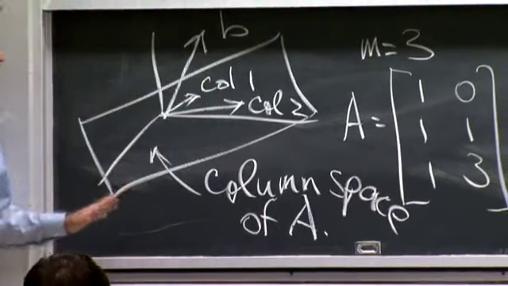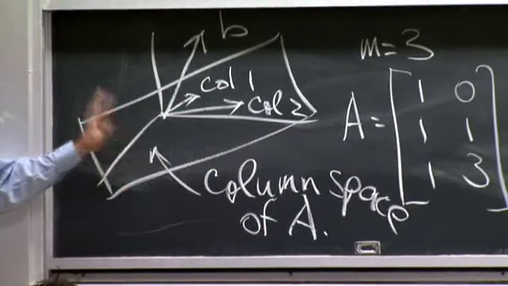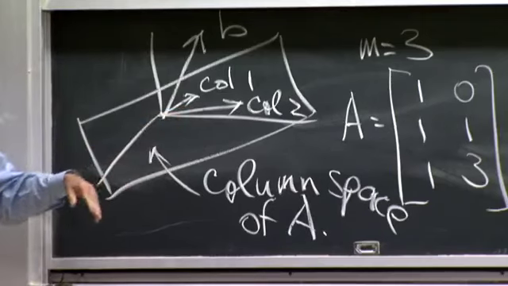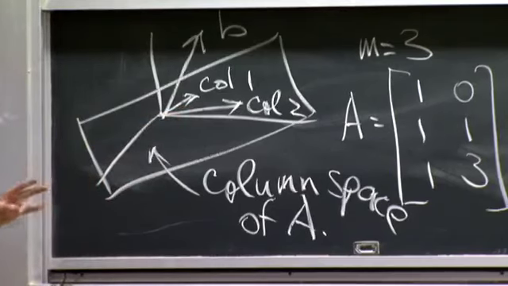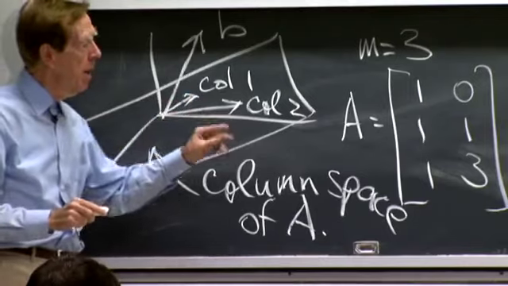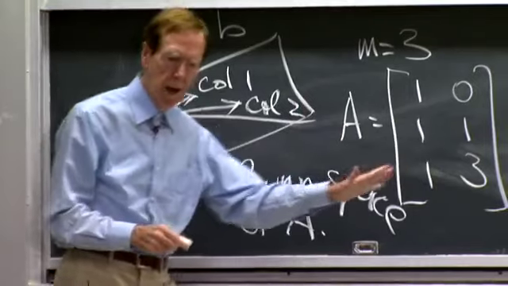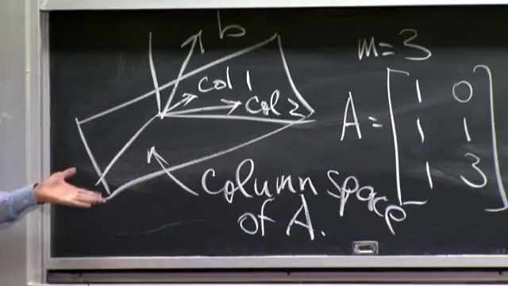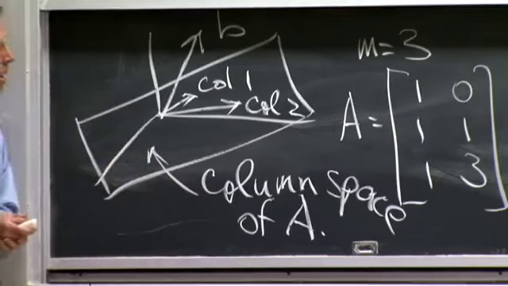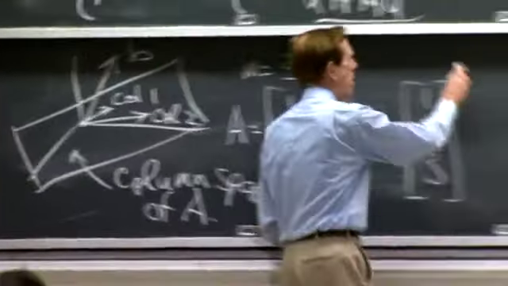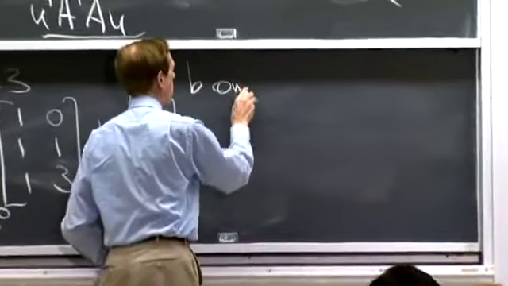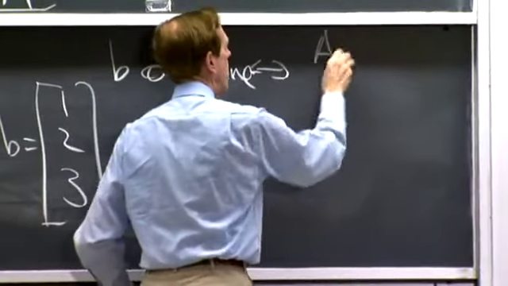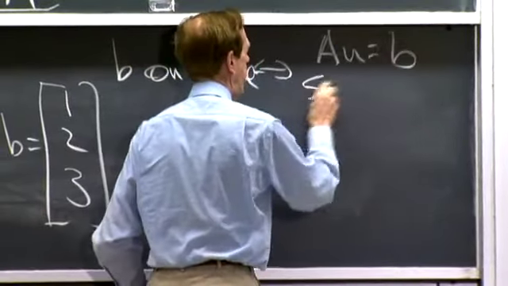Now, what's the point about this plane? The point is that if B is on the plane, then I'm golden. If B is on the plane, then B is a combination of the columns. That's what the plane is. And I have a solution to AU equal B. So B on the plane means AU equal B is solvable.